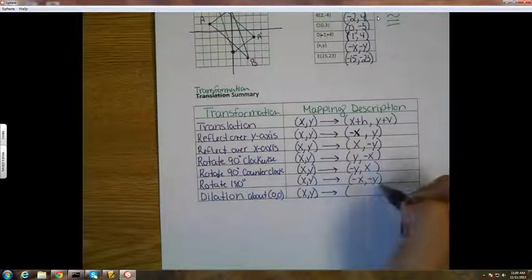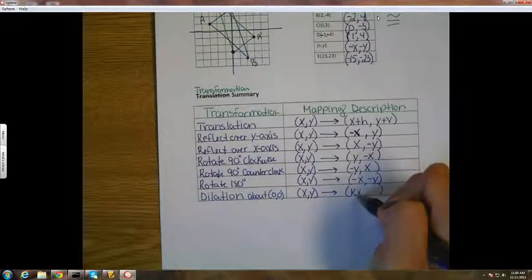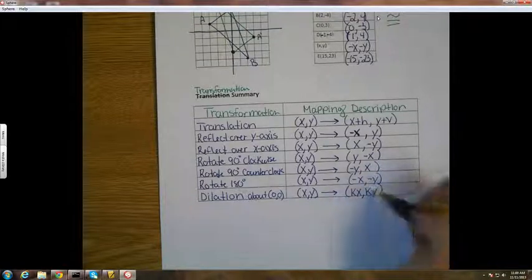And that one was just multiplied by your scale factor. Okay.